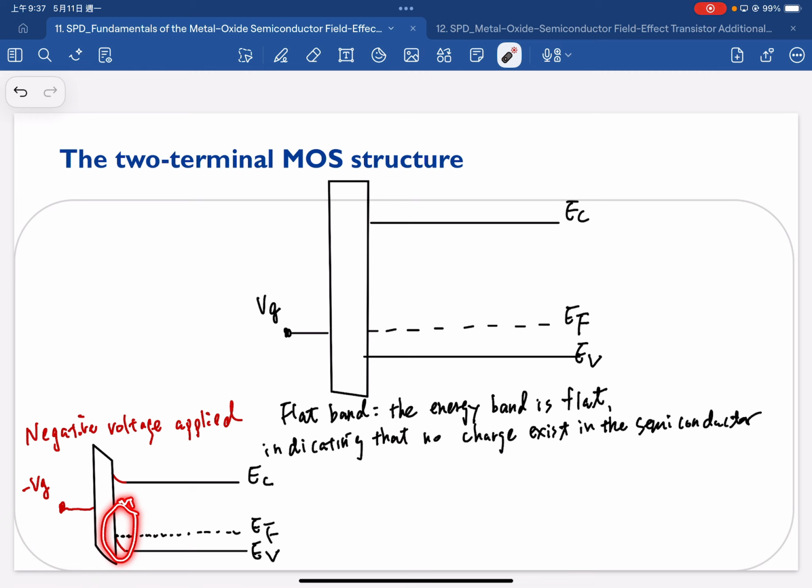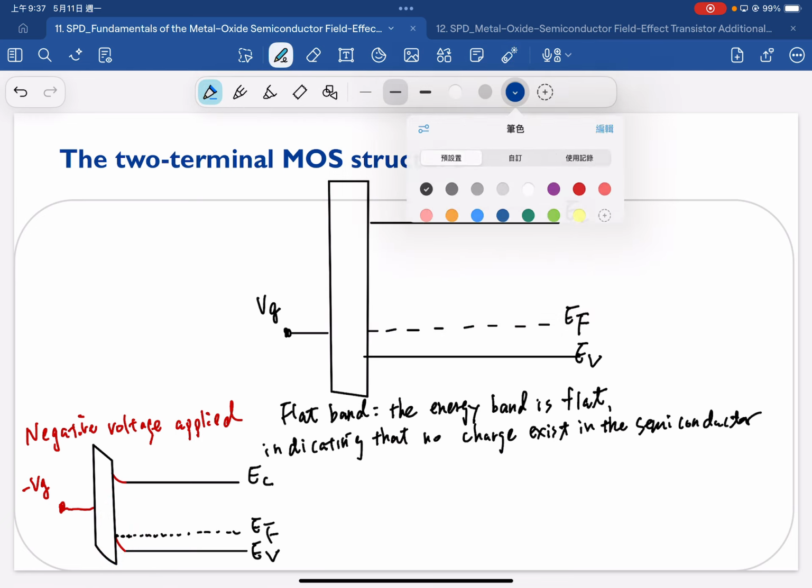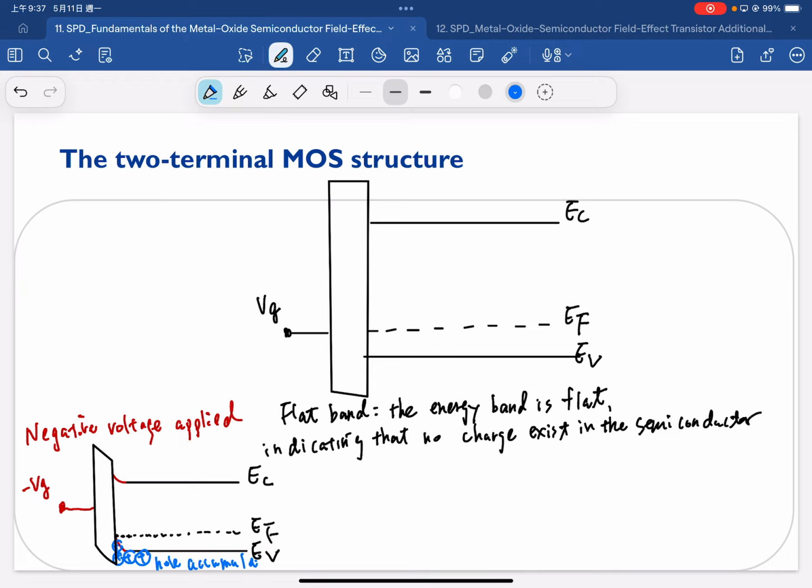This suggests that we start to get more holes in this region. That's why we have hole accumulation.